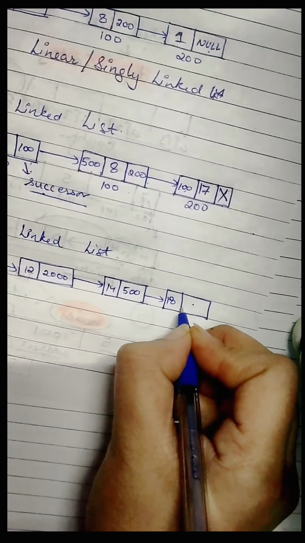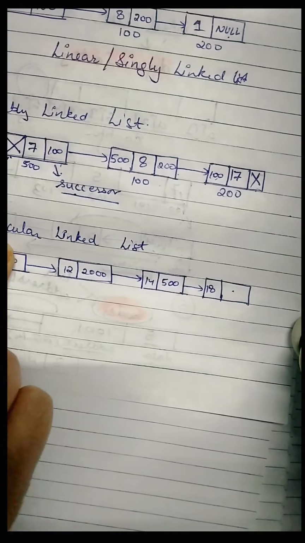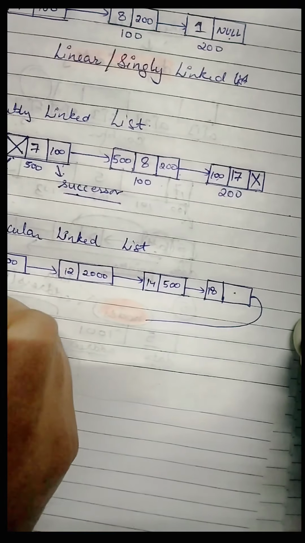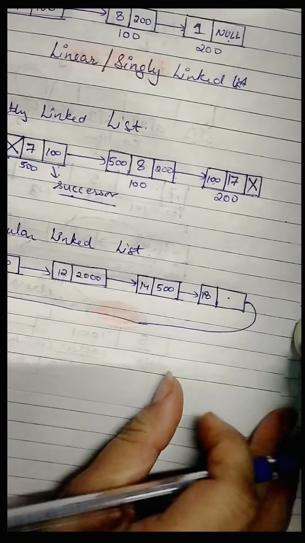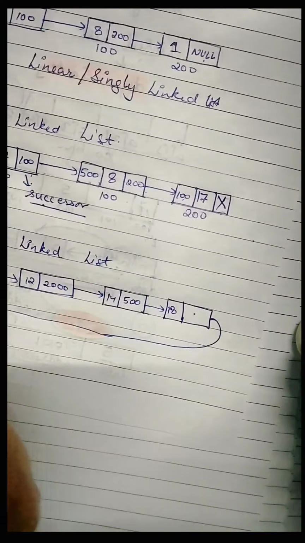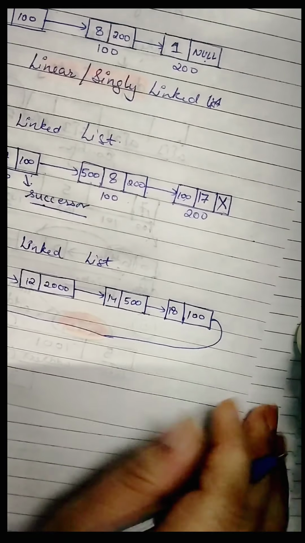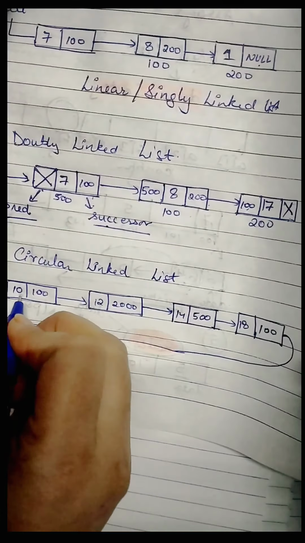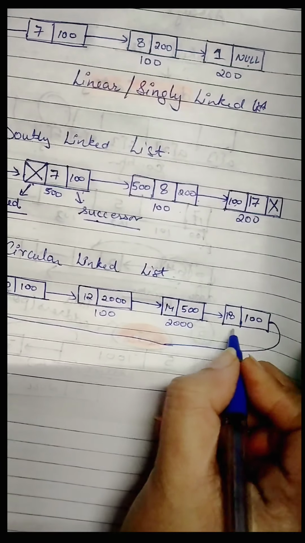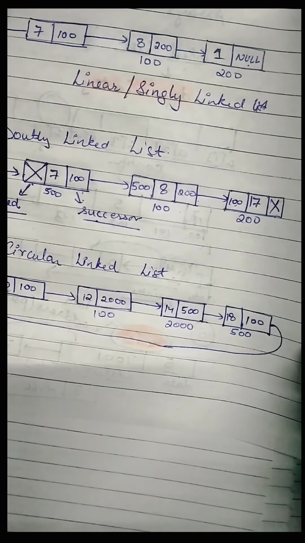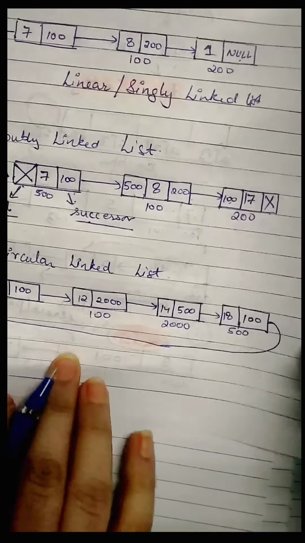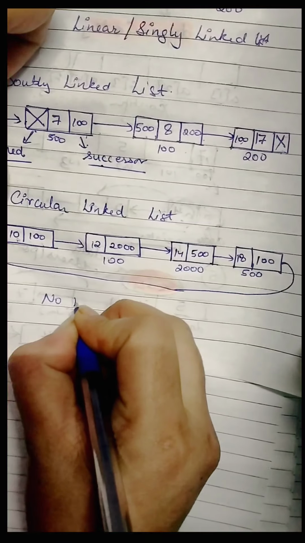18 and here. Now since it is a circular one, what will the circular list do? The last node will point to the first node. The last node is pointing to the first node. So this will contain the address of the first node, that is 100. So a circular linked list is one which has no beginning and no end.